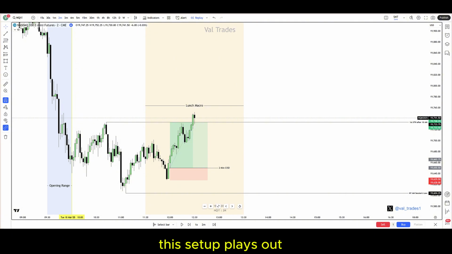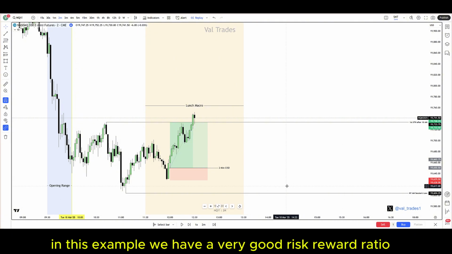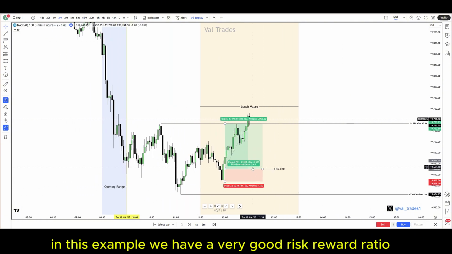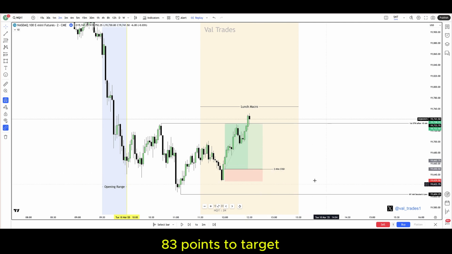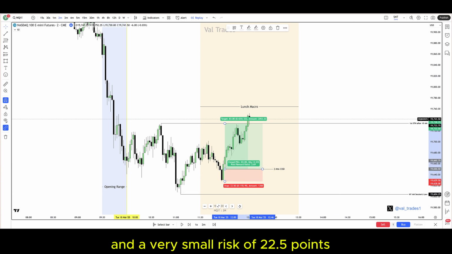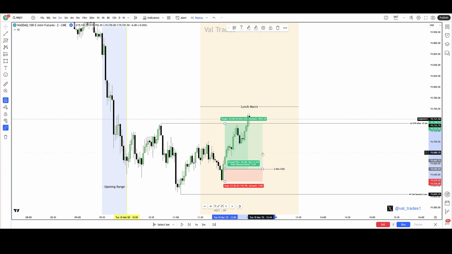Excellent! This setup plays out in this example. We had a very good risk-reward ratio, 83 points to target, and a very small risk of 22.5 points. I'm very happy with this setup.